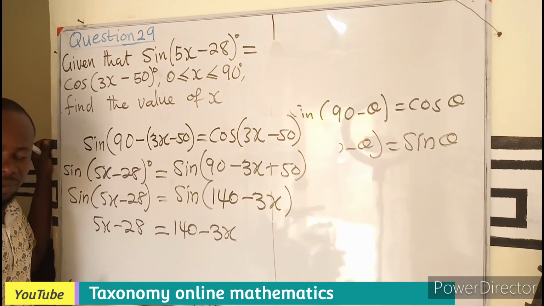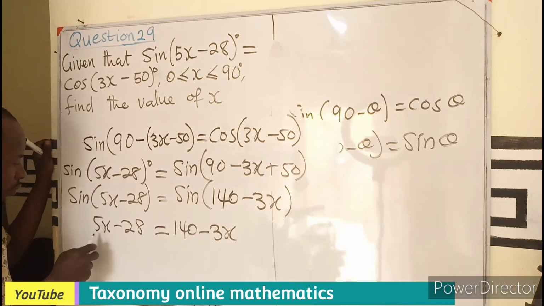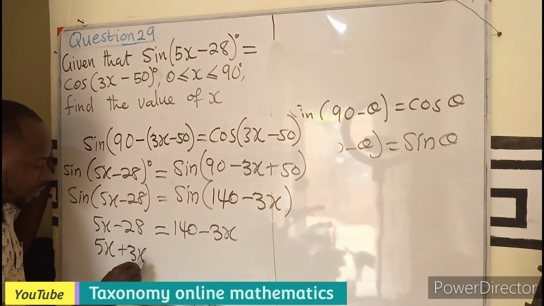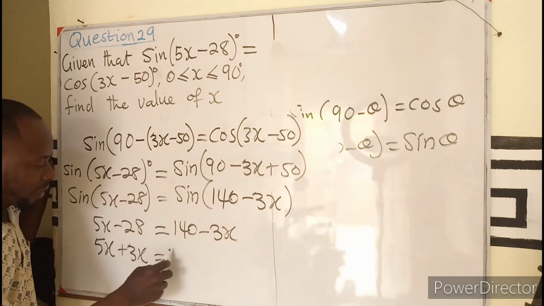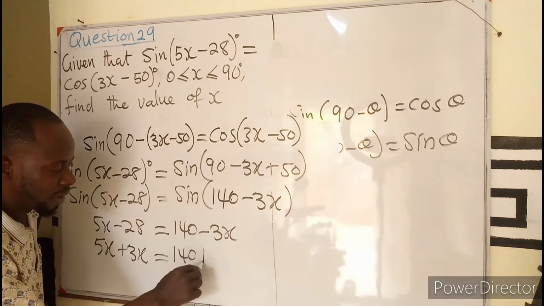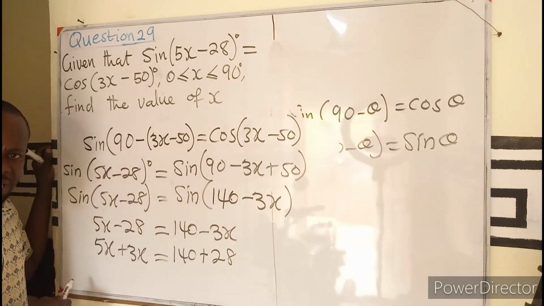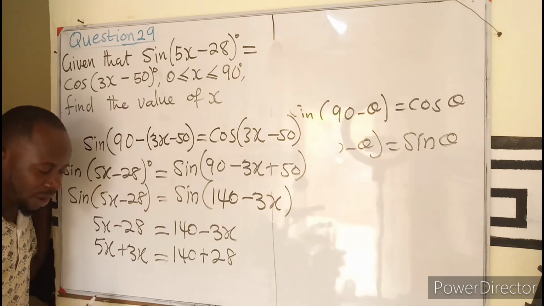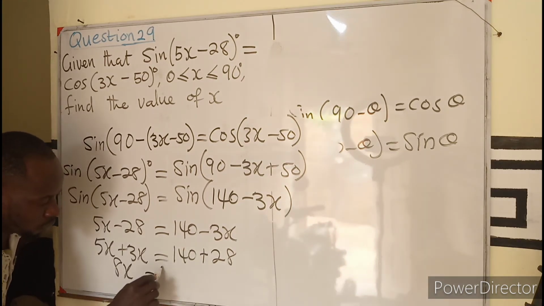We can group like terms: 3x will come to add to this to give 5x plus 3x equals, with the 140 already there, and the negative 28 coming to become plus 28. 5x plus 3x of the same kind will give 8x.